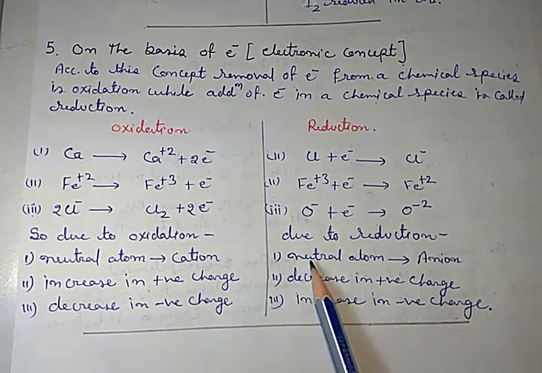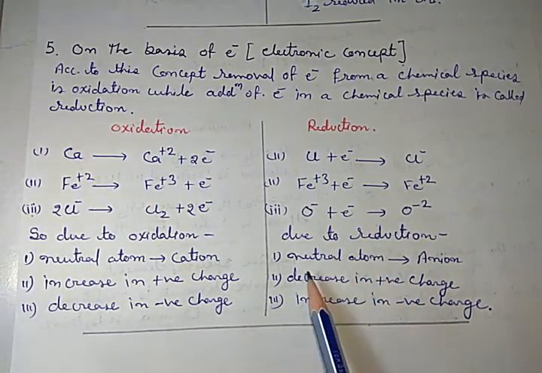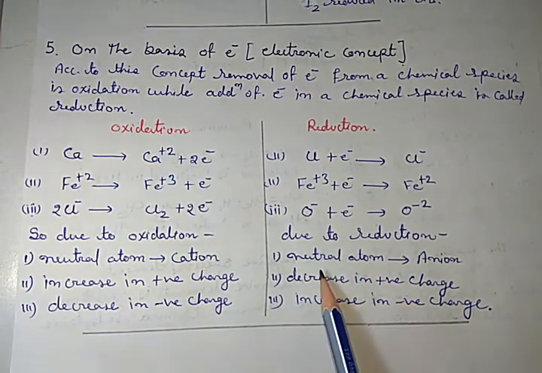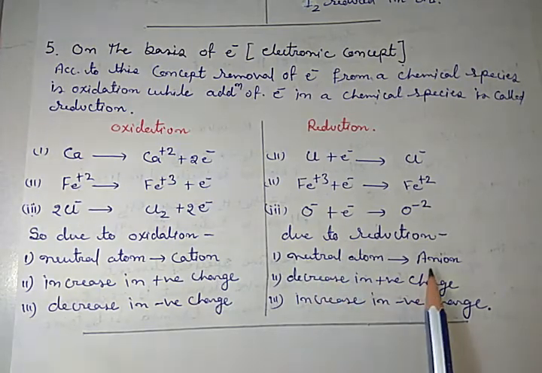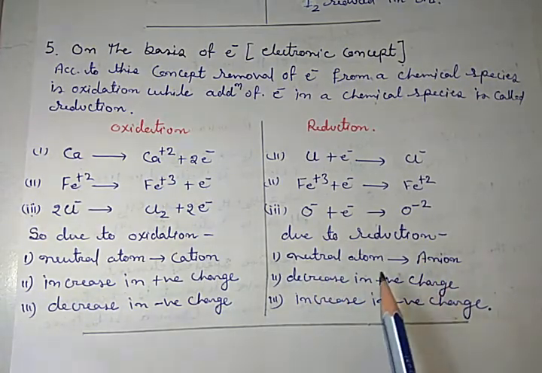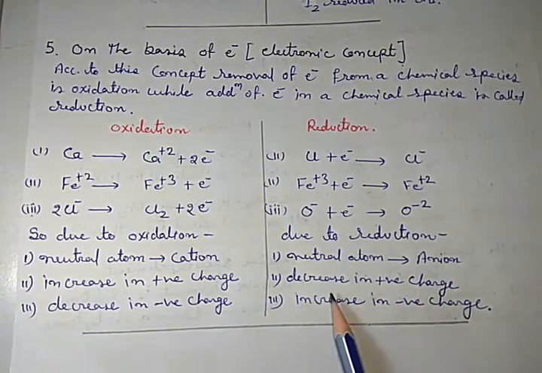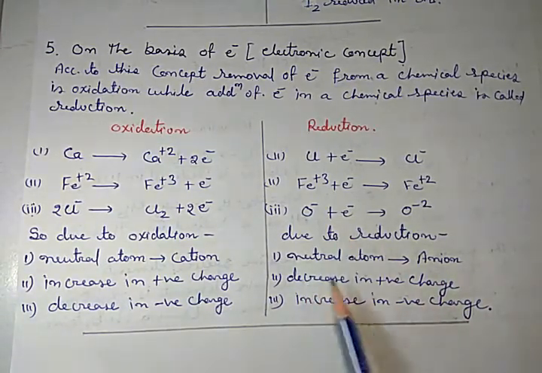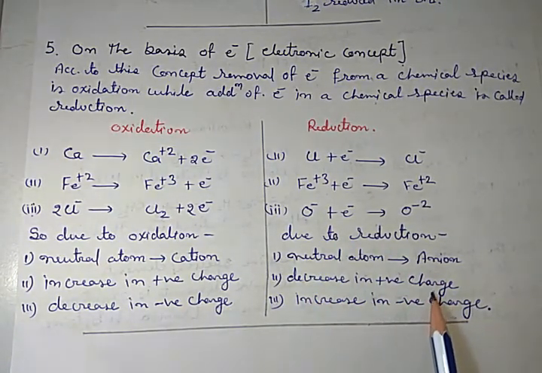So we can say that due to reduction, a neutral atom will convert into an anion. If it is a cation, then there will be a decrease in positive charge, and if it is an anion, then an increase in negative charge.